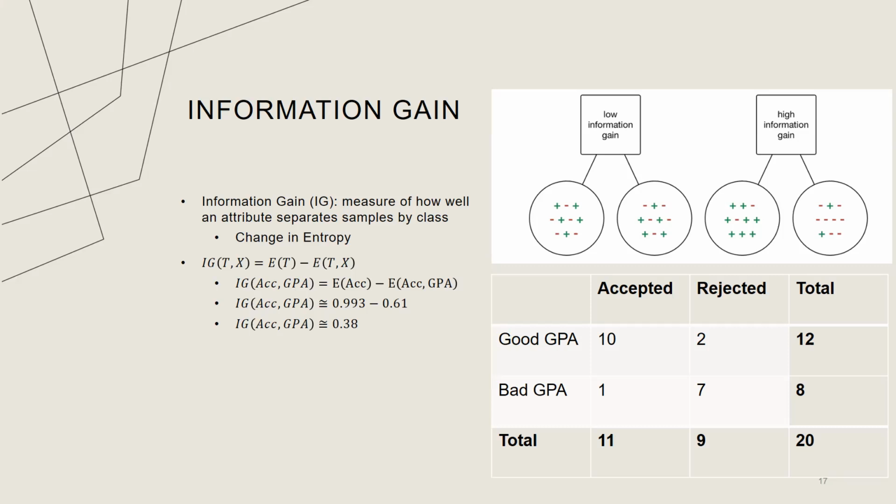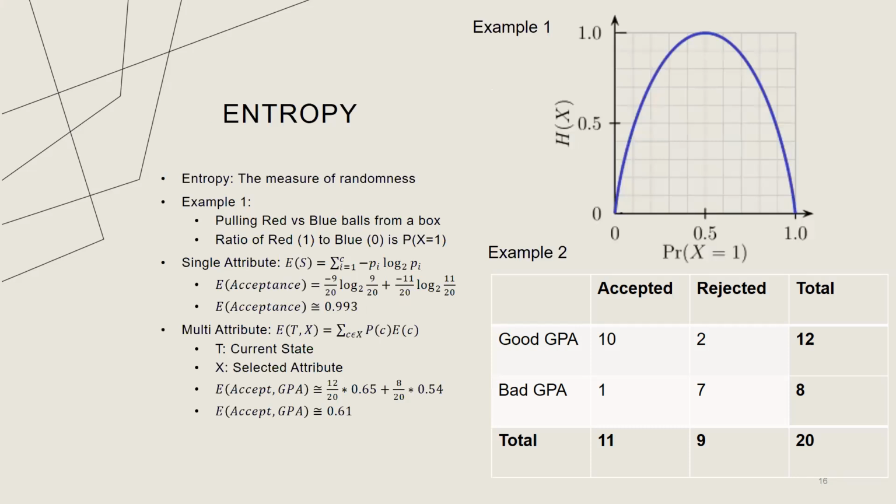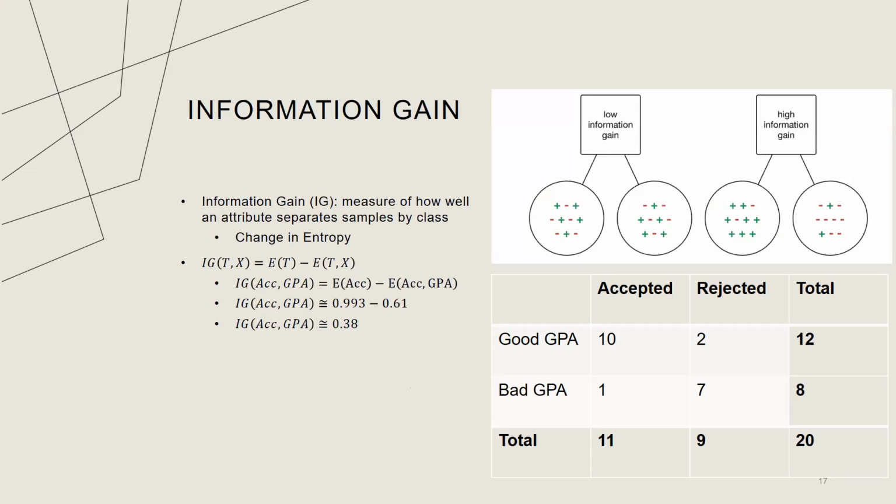Can I just say 7? Yeah, you could just say 7. All right, so I'm going to go on the assumption that people mostly get it, which is all I'm really trying to get. You can ignore the math: entropy is a measurement of randomness, whereas information gain is that change in randomness, or change in entropy.